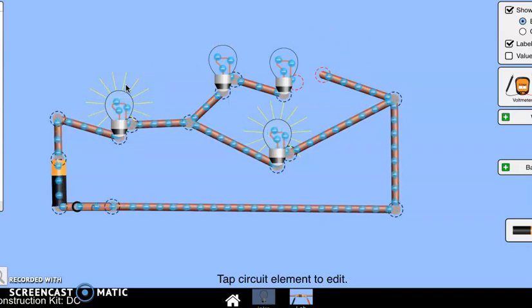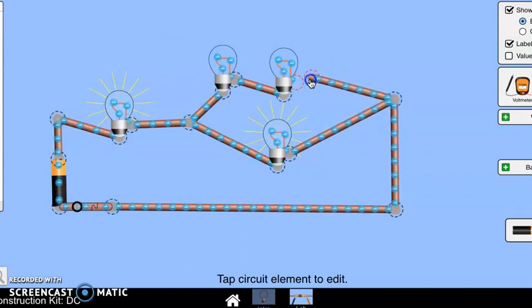If you want to know why R4 got dimmer, it's essentially because we took out a branch. It still gets all the current, but since we took out this branch, the overall resistance of the circuit went up. Whenever you take out a parallel branch, resistance goes up. If the overall resistance went up, then the overall current went down. So while R4 still gets all the current, it gets less current than before.